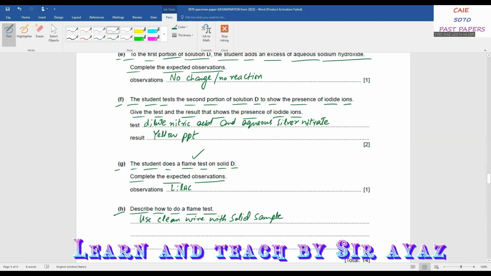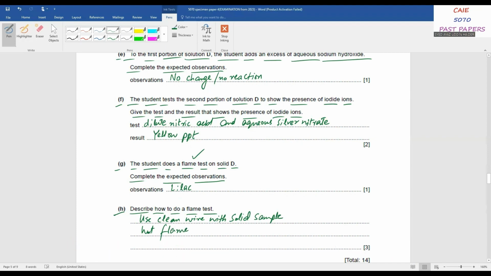Then heat it with a hot flame, or put the wire into the flame. Last one, you'll observe and record the flame color.